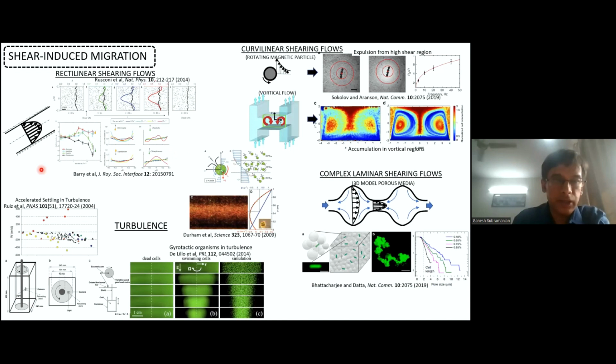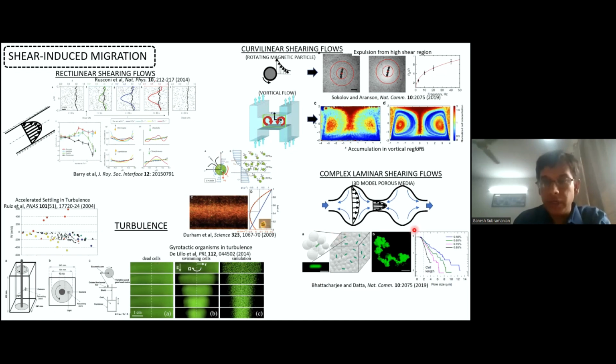Now, shear-induced migration in active suspensions has been attracting a lot of attention, and this slide contains a summary of many of the experiments. So we have migration being dealt with in simple rectilinear shearing flows. Okay, in curvilinear shearing flows, for instance, that induced by a rotating particle, that induced in a cavity geometry with a large-scale vortex in it. And there have been experiments in nonlinear rectilinear shearing flows where Roman Stocker's group showed that you can have a trapping of gyrotactic particles in a thin layer in the high shear region.